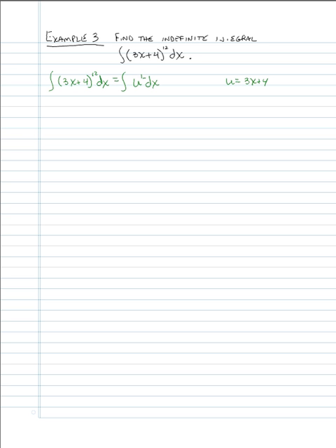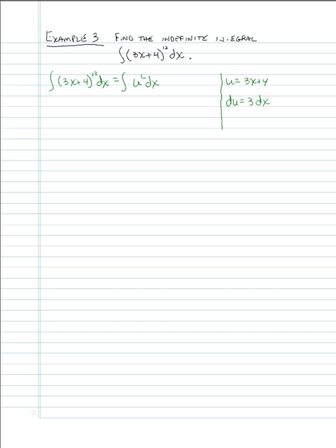So we've still got to replace dx. Remember, this is our workspace to get the relationship between du and dx. We'll figure out that du is the derivative of u times dx. And in this case, the derivative of 3x plus 4 is just 3, so it's 3 times dx.